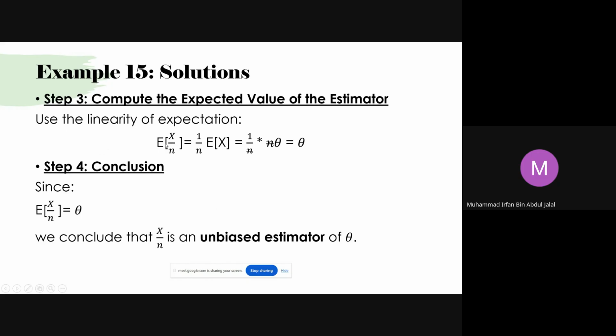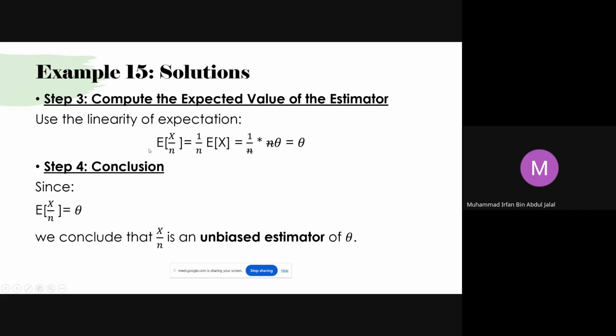So the expectation of theta hat, which is the sample proportion X over n, equals 1 over n times the expectation of X. This is based on the property that the expectation of aX equals a times the expectation of X. So you factor out the constant, and it becomes 1 over n times E[X], since X is the random variable.